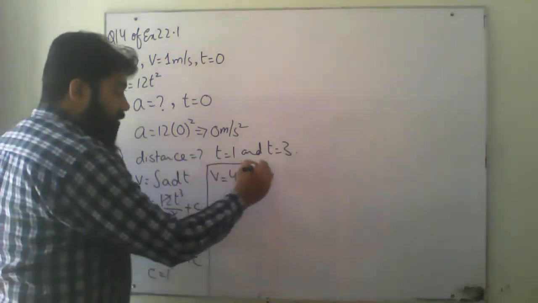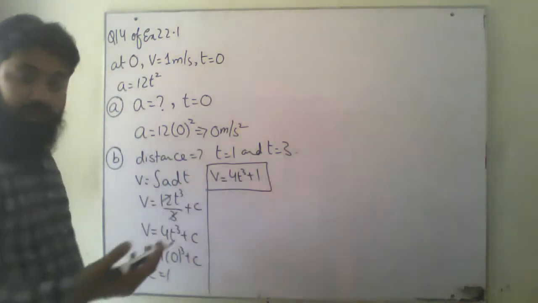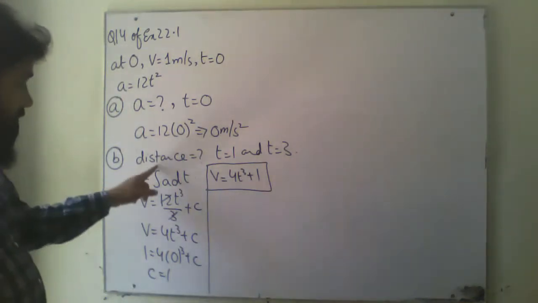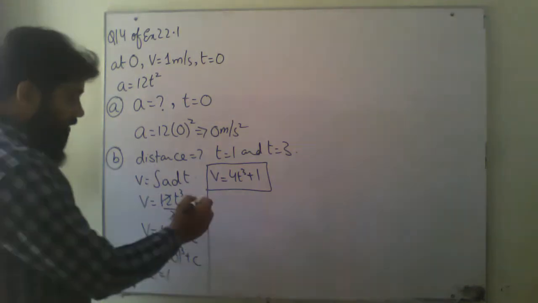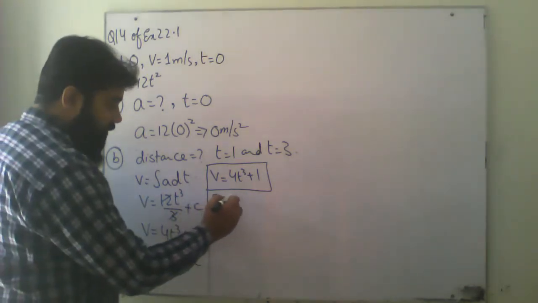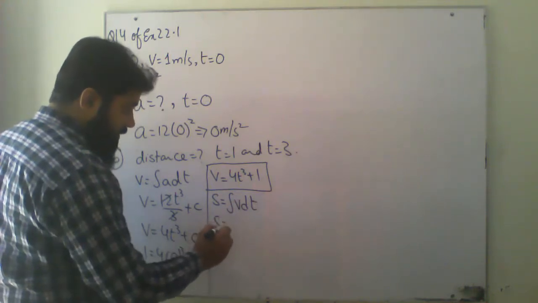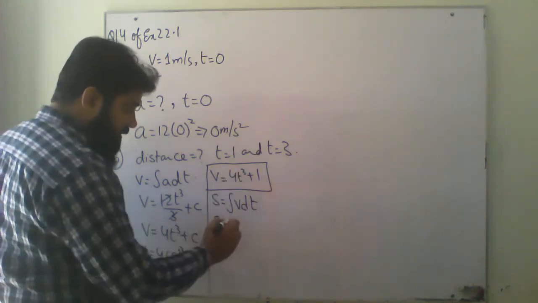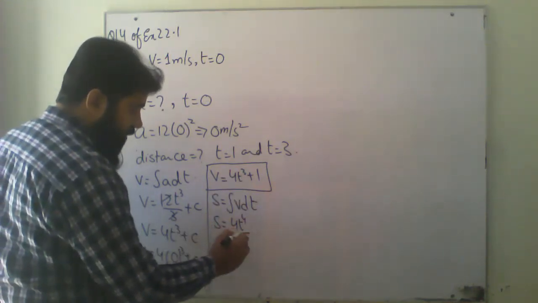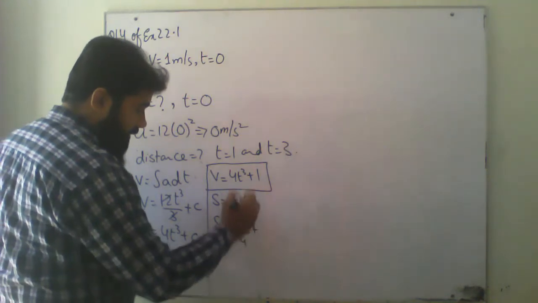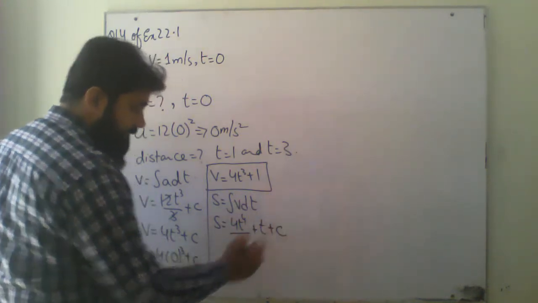But right now I don't need the velocity equation, what I need is the distance. So for that, s equals the integral of v with respect to time. So s equals integrating this, 4t power 4 over 4 plus t plus c.